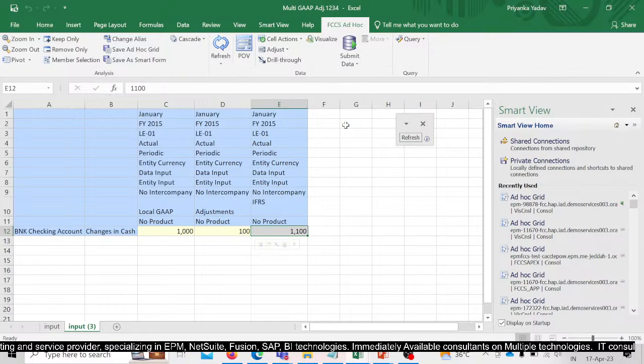So you see the figure on the IFRS member is 1100, which is the total of local GAAP and adjustment.